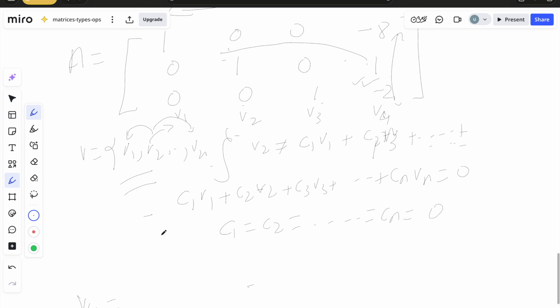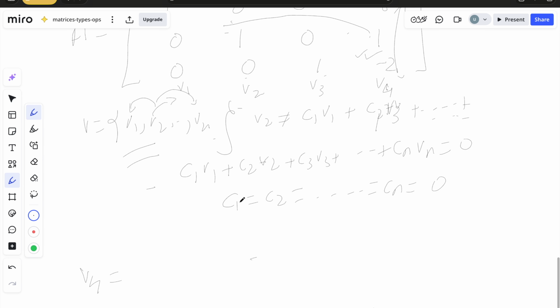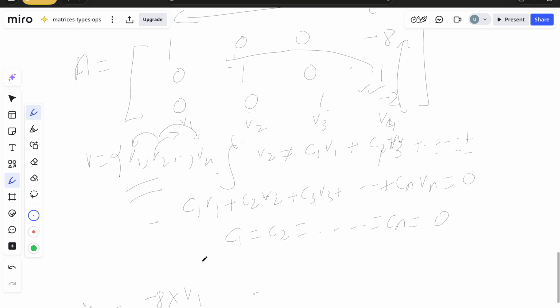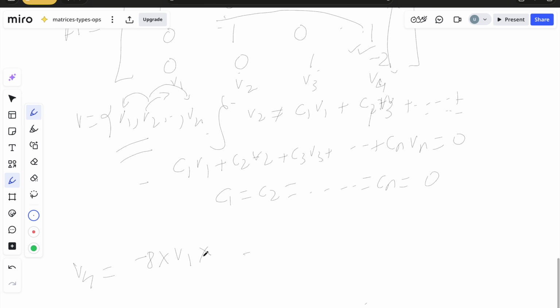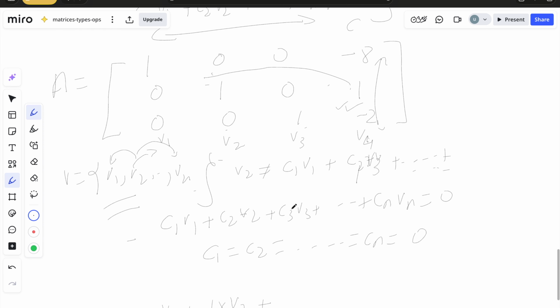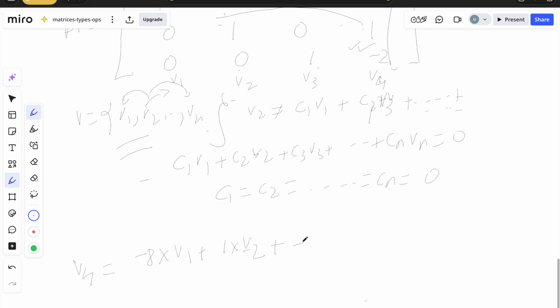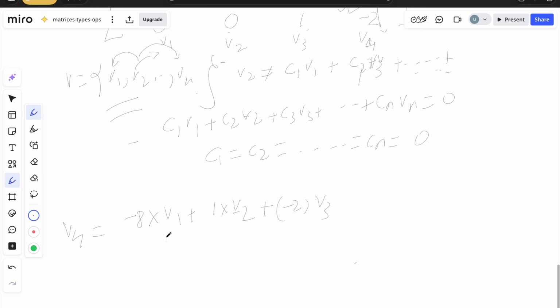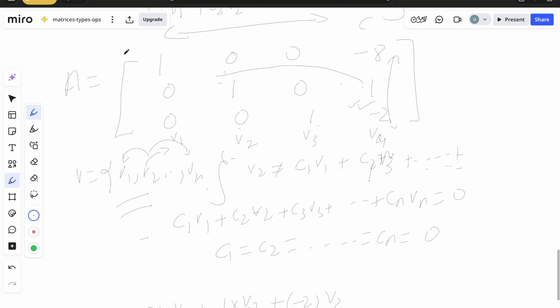vector can be written as a combination of minus 8 into v1, plus 1 into v2, plus, sorry, my bad, plus v2 plus minus 2 into v3, where v1, v2, v3 are these vectors like 1 0 0, 0 1 0, 0 0 1, right?